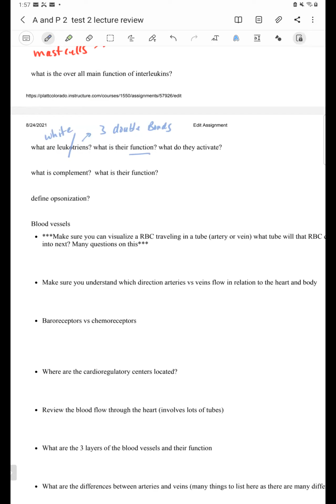They activate neutrophils. Their job is also to sustain the inflammatory response. They're also part of the allergic reactions.